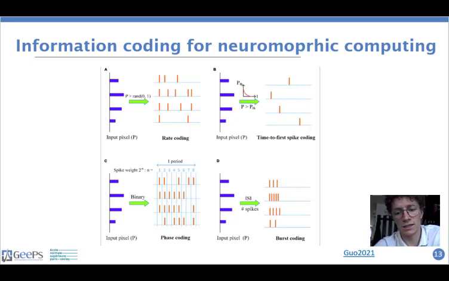And what is much less intuitive is that phase coding is the most resilient scheme to input noise. And finally, burst coding offers the best overall robustness to hardware non-idealities. So yes, those are the main results. But if you want to know more about it, just go on the link and read the paper, I think.